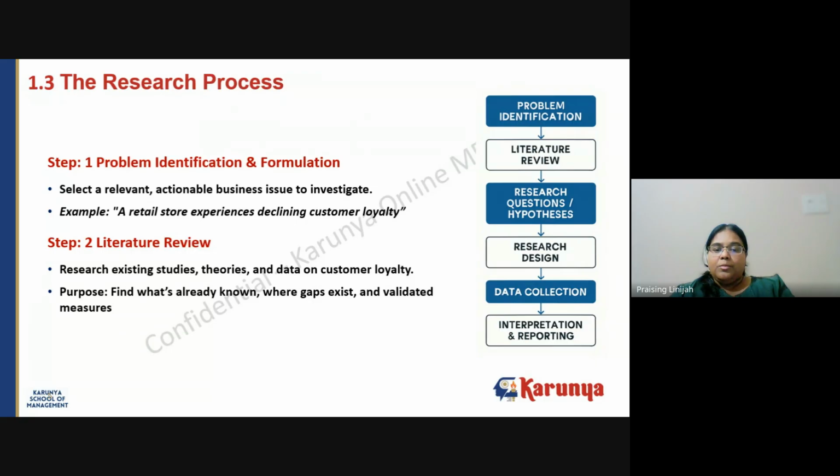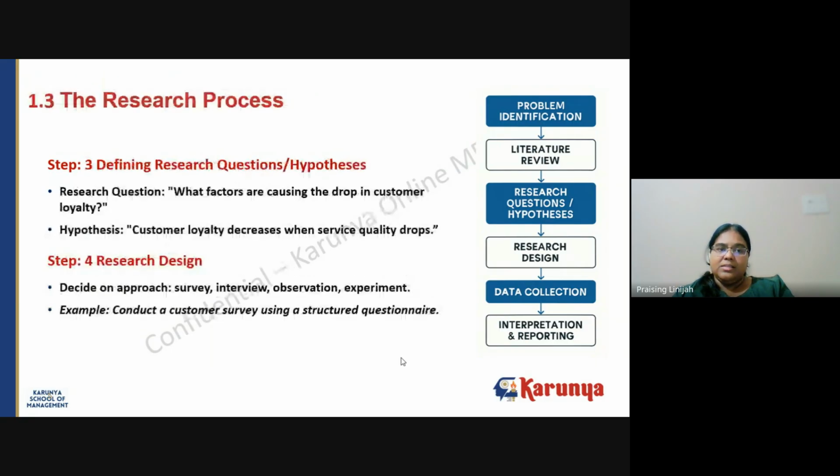Okay. Moving to the third phase, defining research questions and hypothesis. So now, turning the problem and knowledge into clear questions to investigate or to identify the gap. Say, for example, we have to ask a question in this case: what factors are causing the drop in customer loyalty at our store?